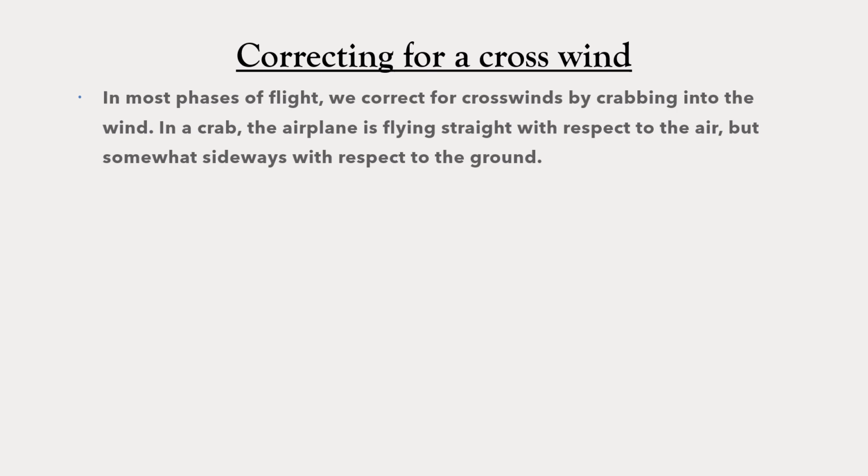Now let's talk about how we correct for a crosswind. And this is applicable whether the landing gear is tricycle or tailwheel. So in most phases of flight, the way we handle a crosswind is by changing our heading so that our heading is into the wind a little bit compared to the direction that we want to move with respect to the ground.